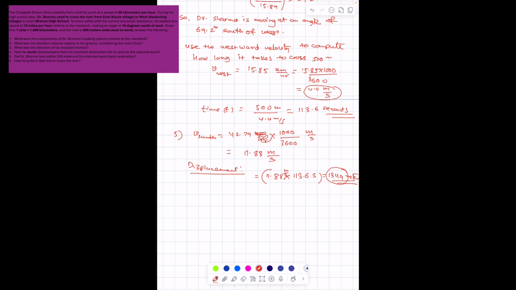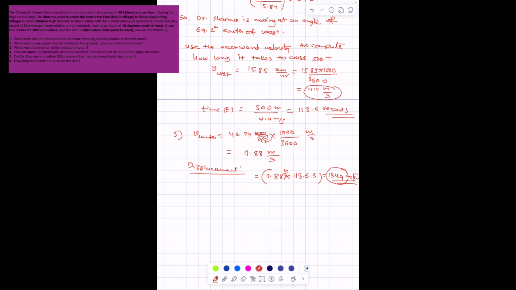Okay, the final question is, does Dr. Sharma land within 500 meters? The answer is no. Even with a small 10 degrees south of west angle, he lands 1349 meters downstream, not within 500 meters. So what do you have to do?